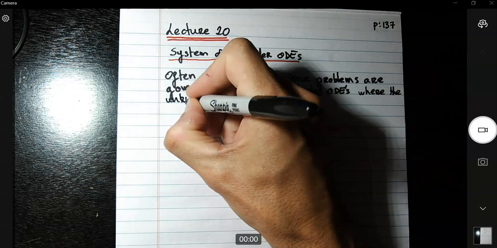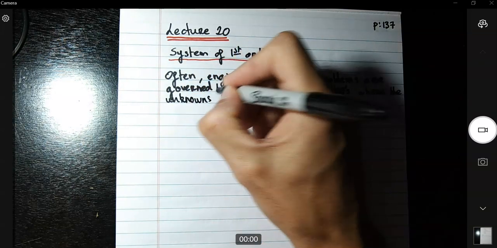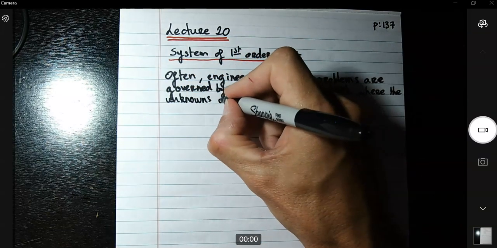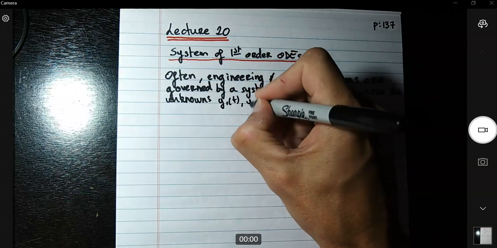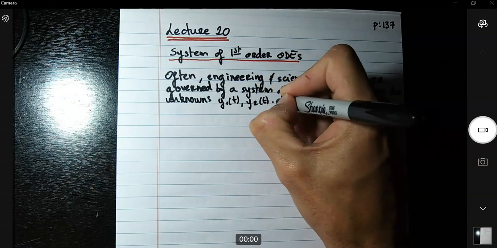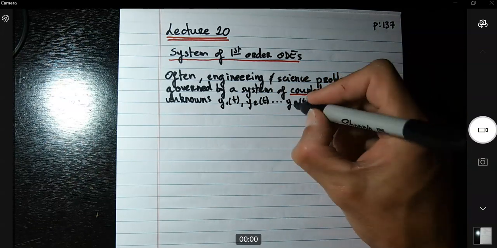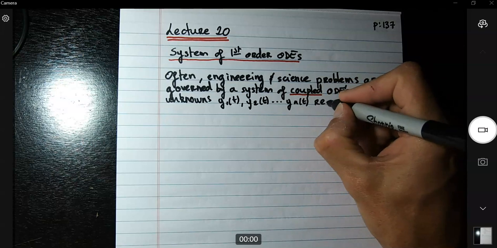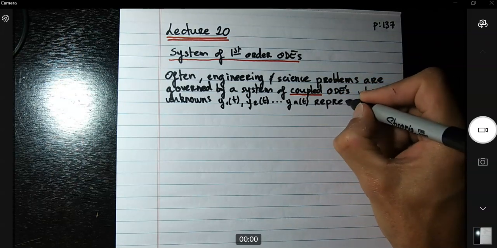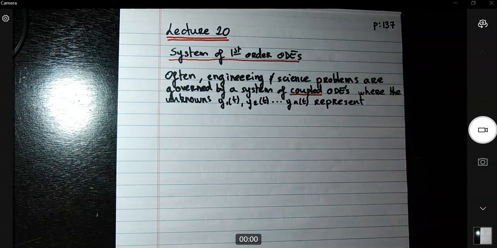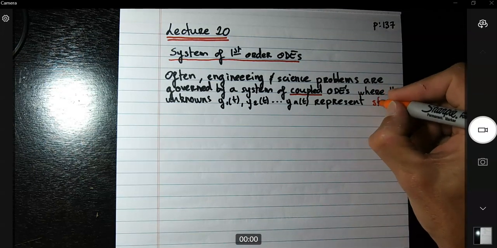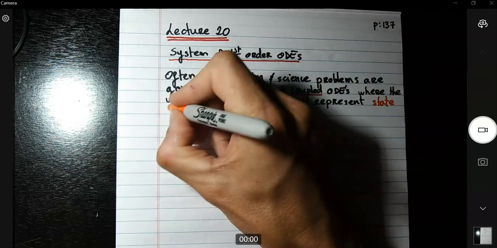Where the unknowns y1 of t, y2 of t to yn of t represent state variables.